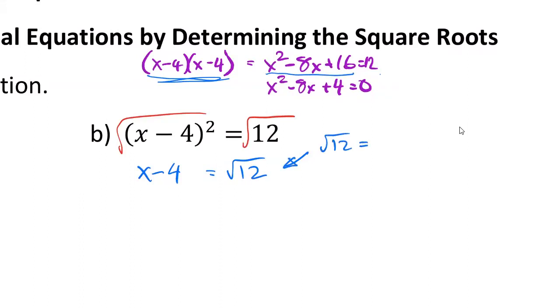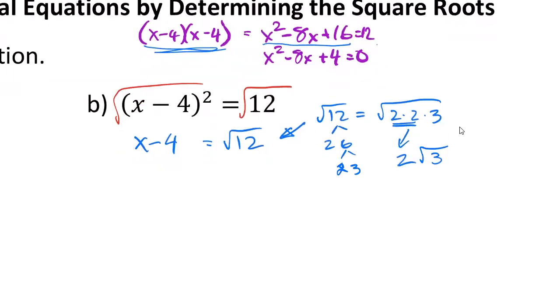If you need to, do your prime factorization tree: 2 times 6, 2 times 3, so the square root of 12 is 2 times 2 times 3. There's a pair, because we're doing square roots, it gets kicked out, we get a 2, and we're left over with 3. So this simplifies to 2 square root 3. Now I have x minus 4 is equal to 2 square root 3.